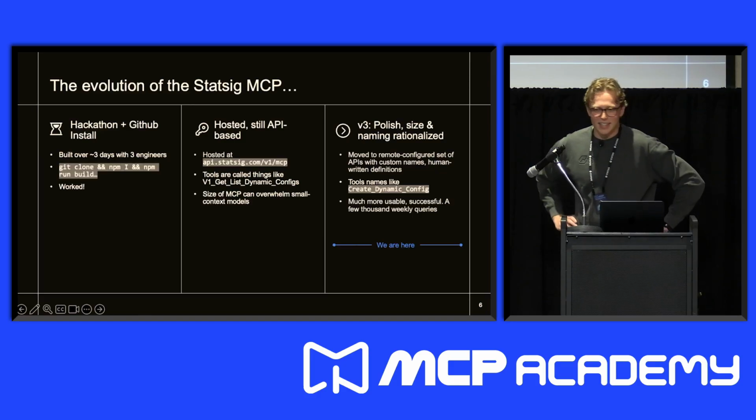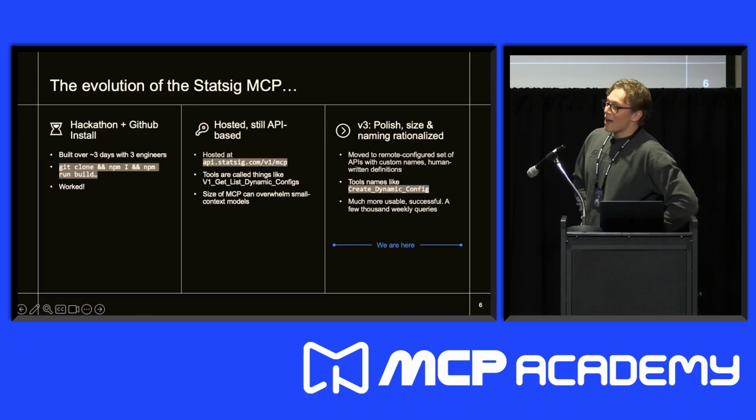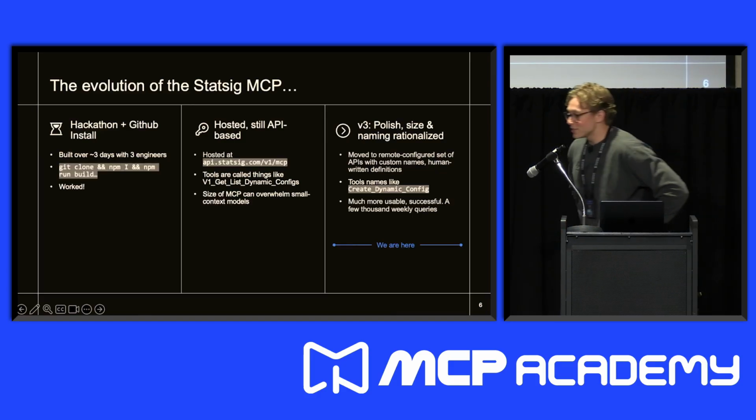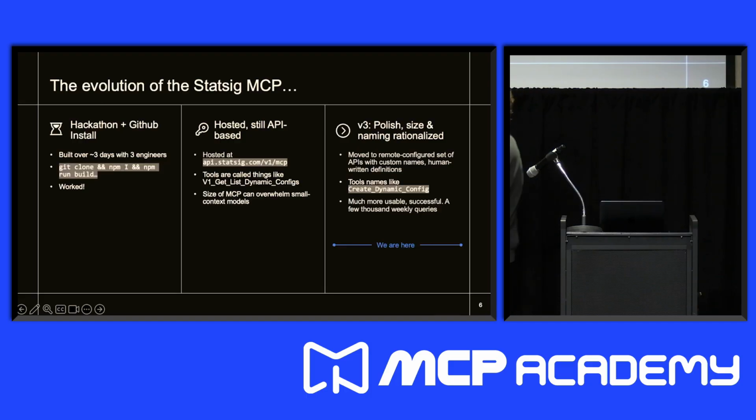Cool. I've been thinking of the Statsig MCP server's development in three phases. Our MCP server started how everyone's MCP server starts, which is as a hackathon project rolled on top of a REST API. You already had a REST API that did something and you just turn it into an MCP server. That's exactly what we did.